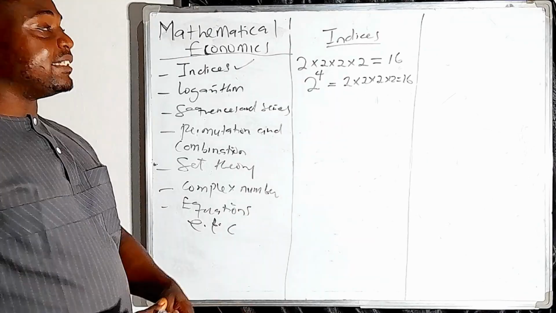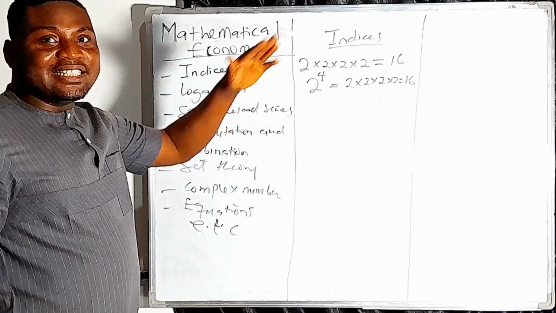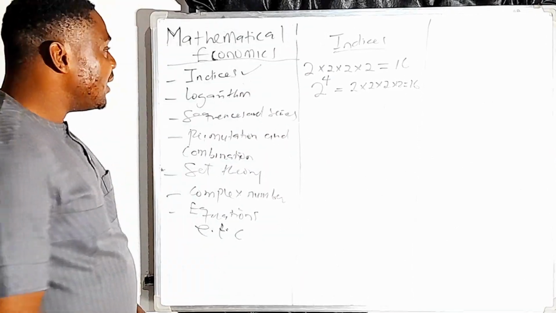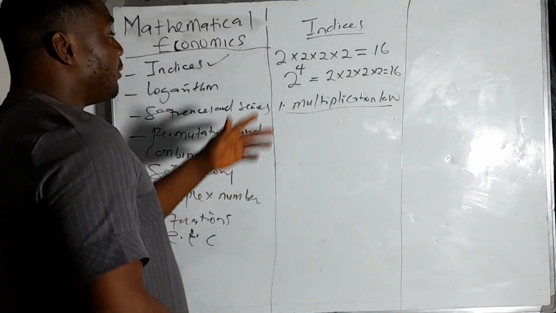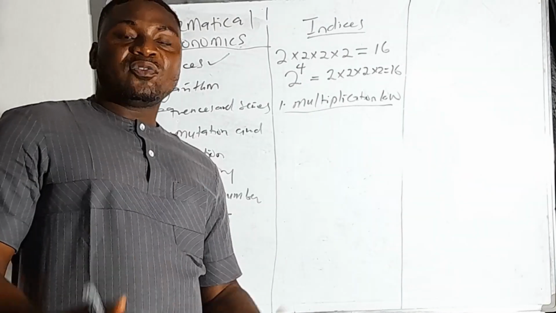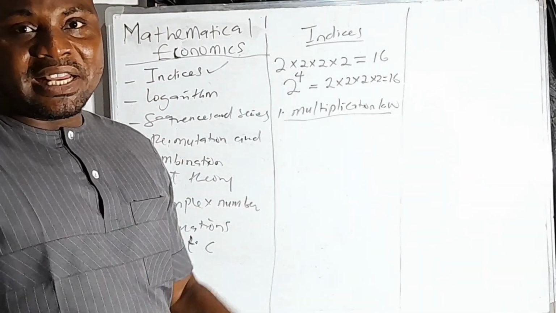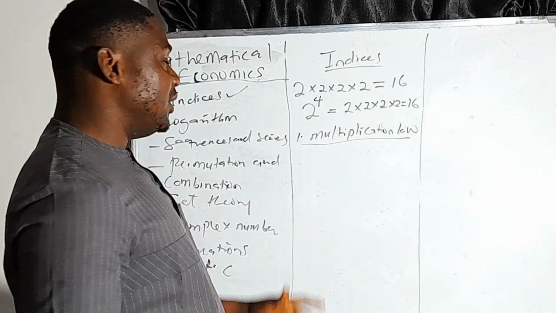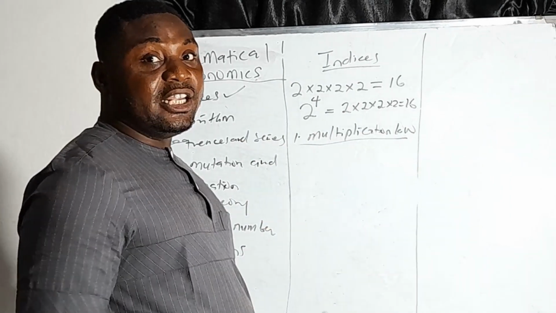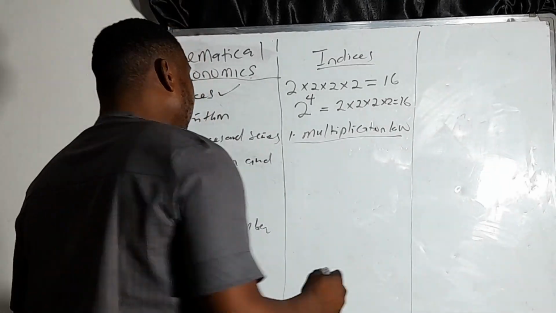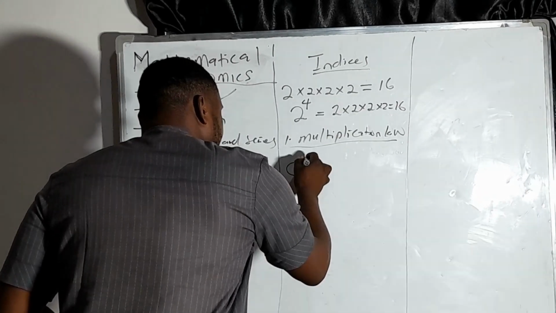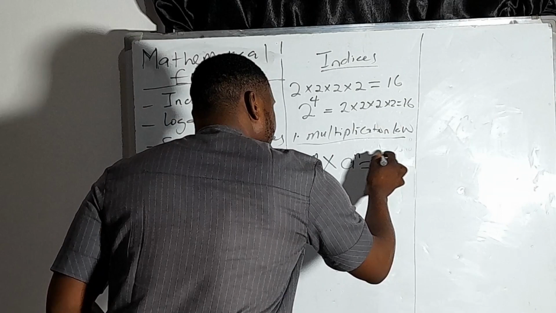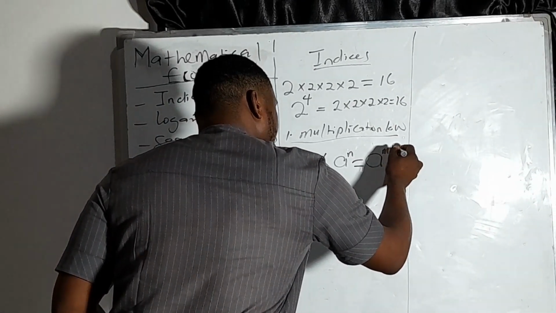When we're talking about indices, there are laws guiding indices, ranging from the multiplication law. That's the first law, and the multiplication law states that when we have indices of the same base in multiplication form, you add the power. What do you mean by that? If I have a raised to power m multiplied by a raised to power n, the law says we have a raised to power m plus n.